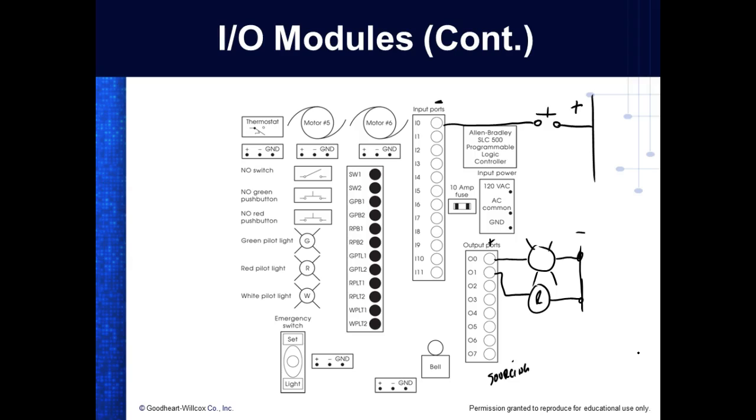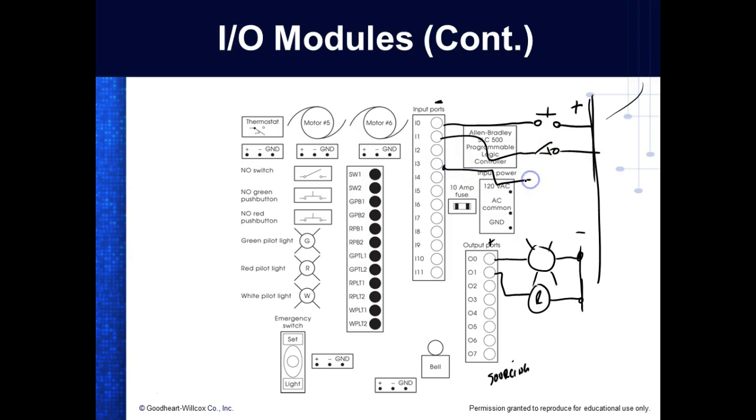So sinking inputs, that's what the PLC provides, and you have to provide the other one, right? You understand that? So if it's sinking, the PLC provides the minus, and then you would have to provide the plus. So these are all sinking inputs. I would come over here and run this wire, just jump it over, and then I can hook up all types of input devices to this.